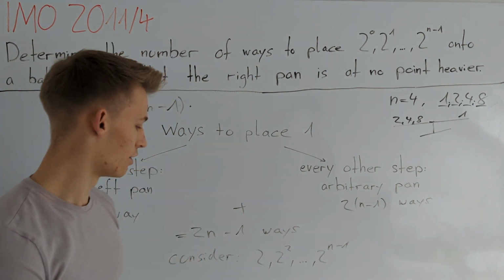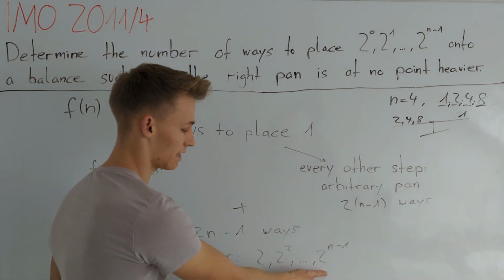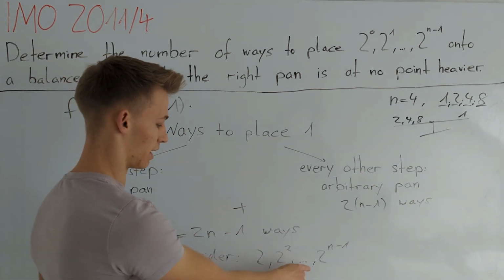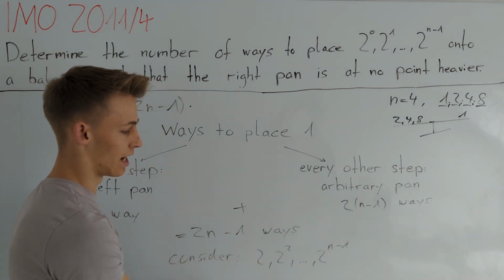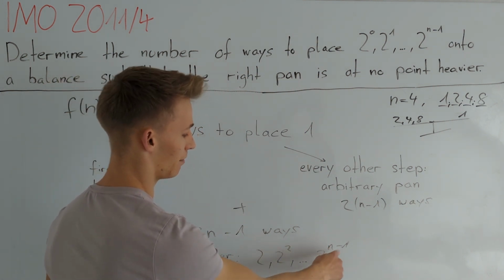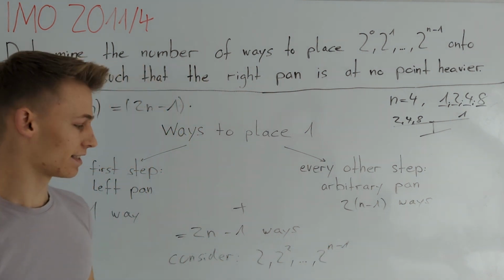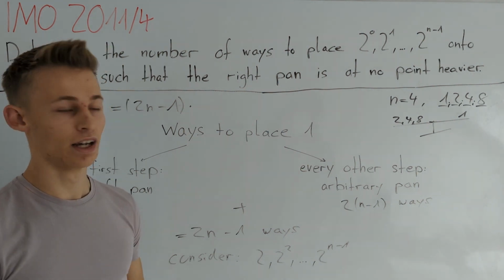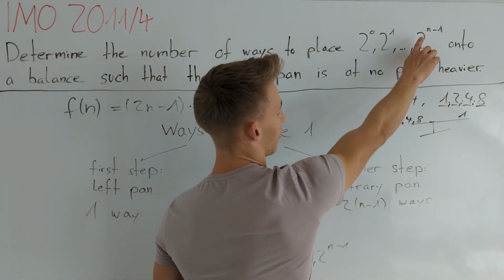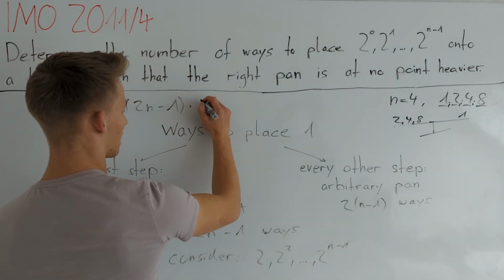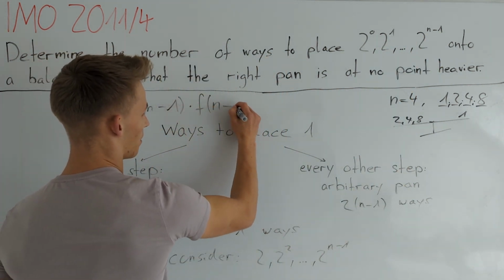But now it is irrelevant if we deal with these weights or divide all the weights by 2. And then we come up with the weights 1 up to the weight 2 to the power of n minus 2. And this is exactly the number of ways to place the weights 2 to the power of 0 up to 2 to the power of n minus 2. So this is exactly f of n minus 1.